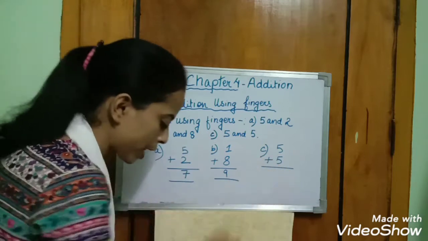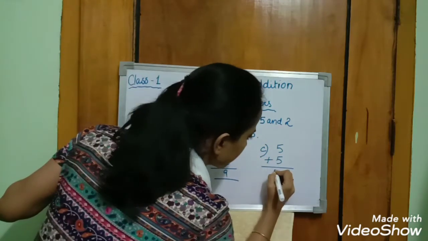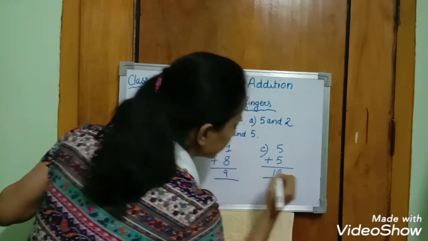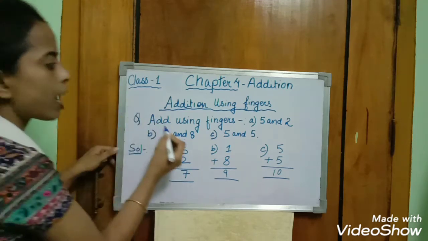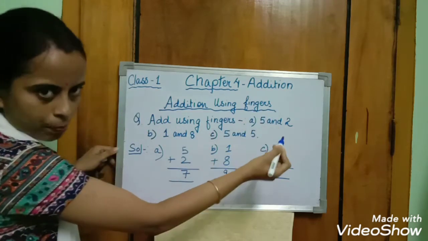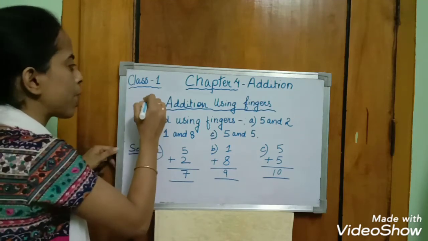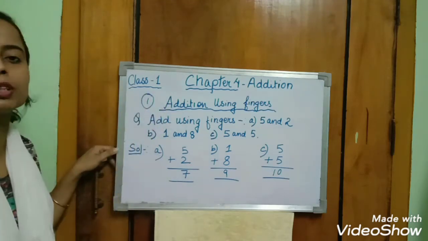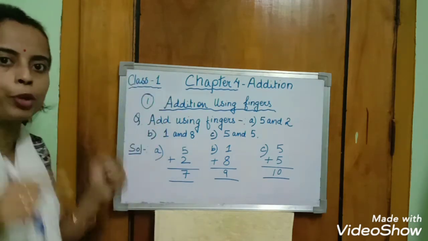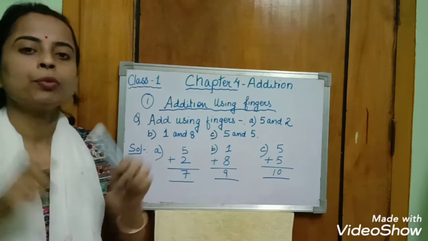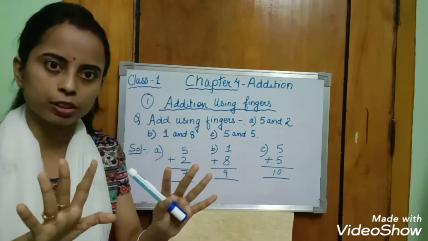When we add 5 plus 5 using fingers, we got 10. Understood, children? This is how you have to add the numbers by using fingers. So this is the number 1 method, addition using fingers. For adding, we use fingers.